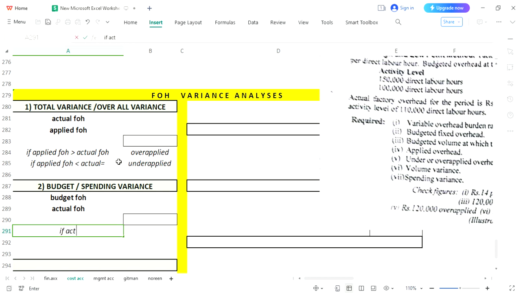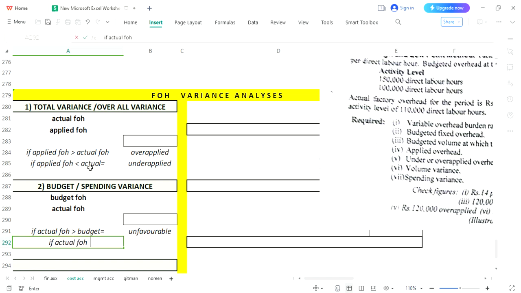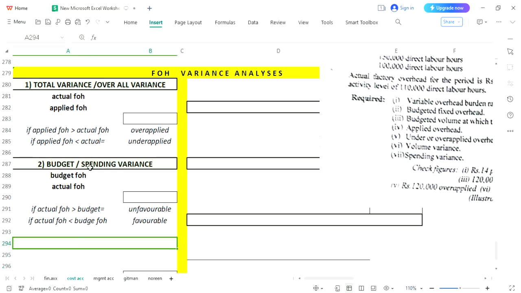So if actual FOH is more than your budget FOH, actual more means uncomfortable you are, so it would be considered as unfavorable. And contrary to that, if actual FOH is less than budget FOH, it would be favorable for you. Why? Actually you are spending less, so the conclusion will be favorable. I'm very hopeful that there will not be any need to pressurize your brain for writing this.